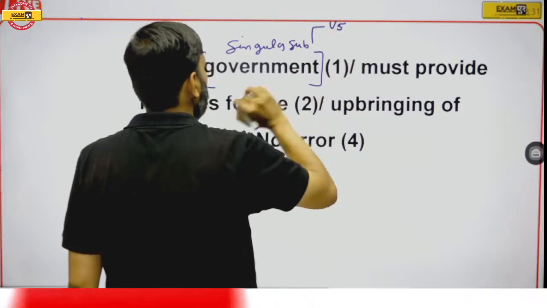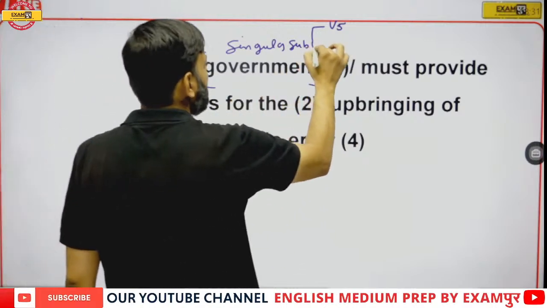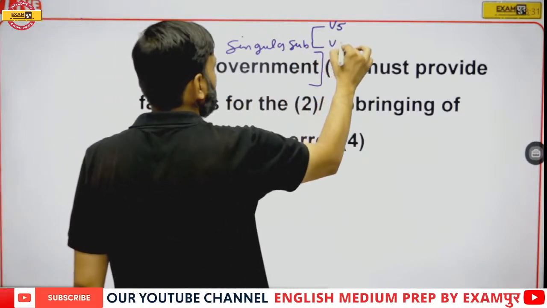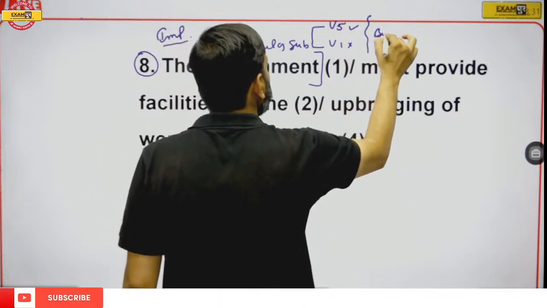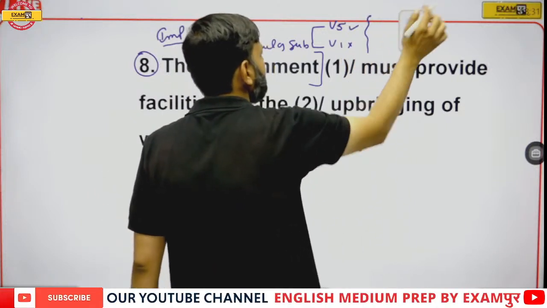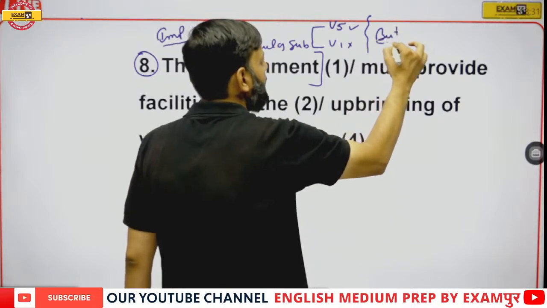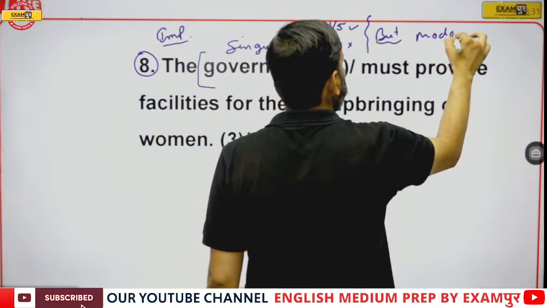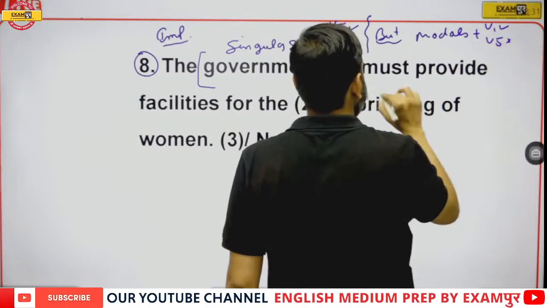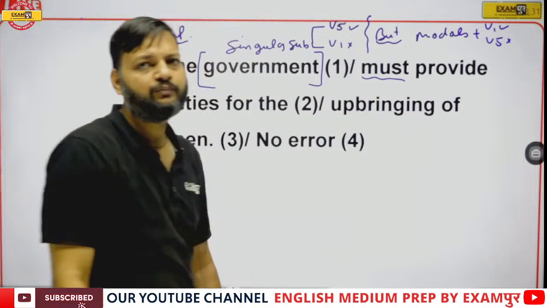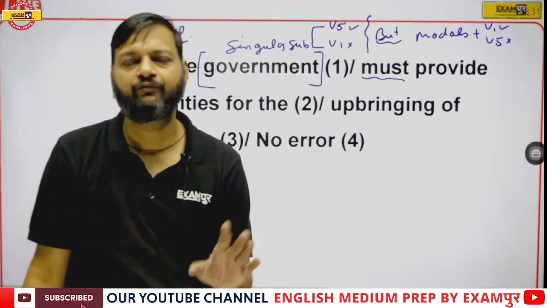But modals are always followed by the first form of verb, not the fifth form. So here must is a modal, which should be followed by the first form of verb, not the fifth form.